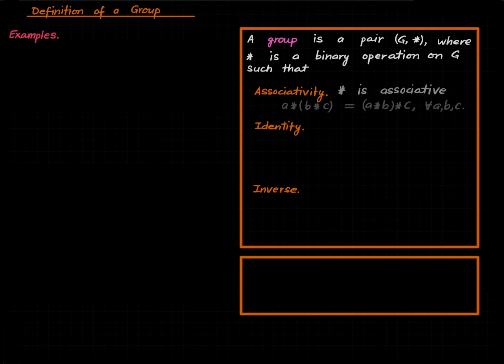Okay, second property we demand is the existence of an identity element. It means that there exists an element e in the set G such that it behaves like an identity under this operation star, in the sense that it doesn't disturb what it operates with.